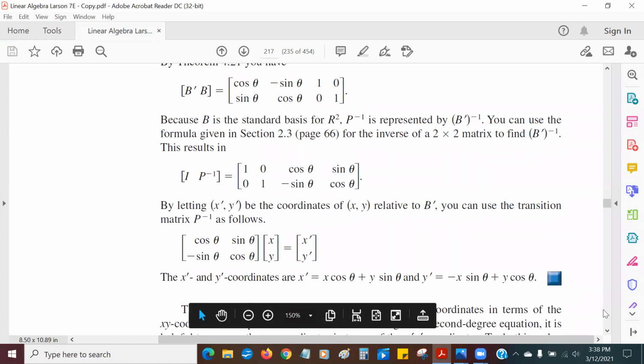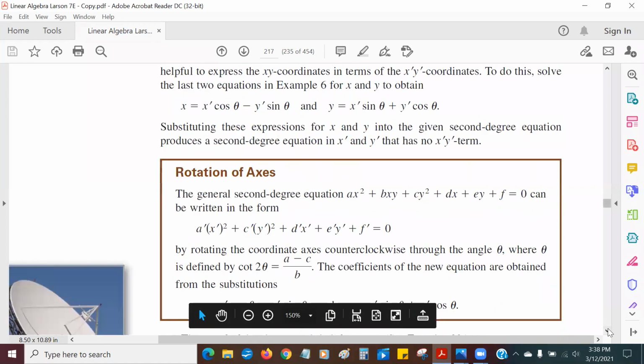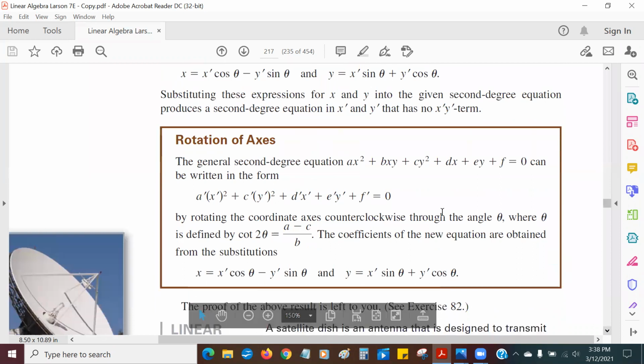Well, let's just put it into one big theorem. If we have a general second degree equation, ax squared plus bxy plus cy squared plus dx plus ey plus f equals 0, this can be written in the form a prime x prime squared plus c prime y prime squared plus d prime x prime plus e prime y prime plus f prime equals 0.